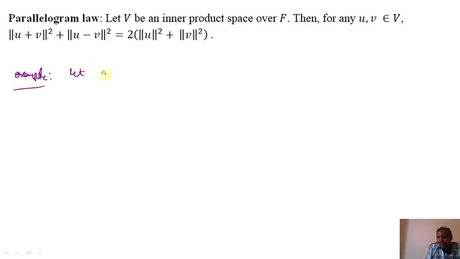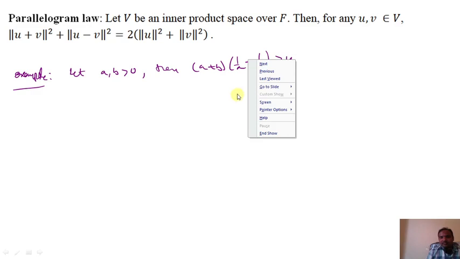Let a comma b be greater than 0. Then a plus b times 1 over a plus 1 over b is greater than or equal to 4.